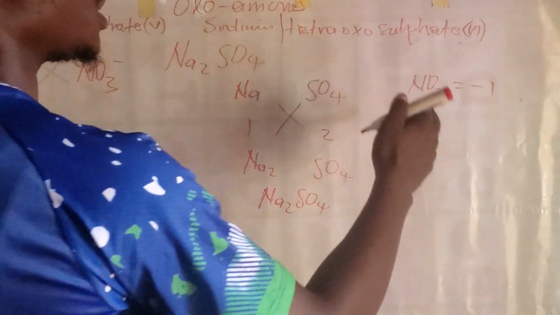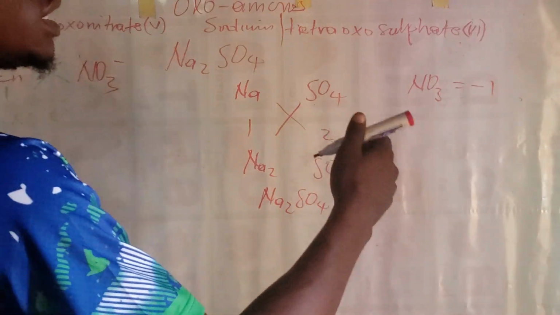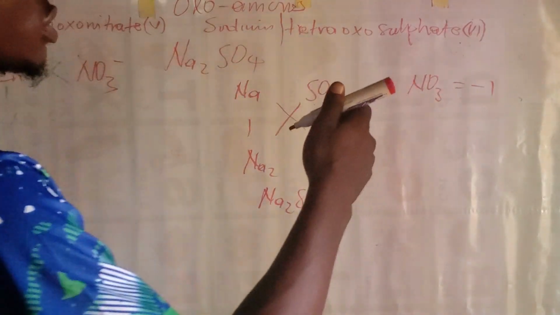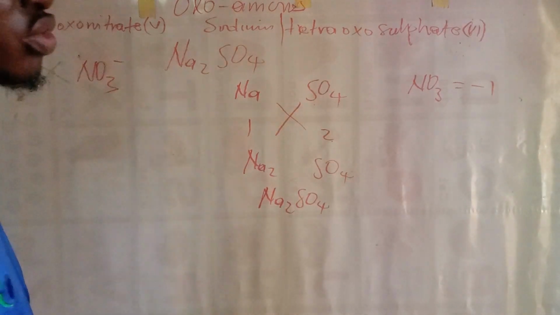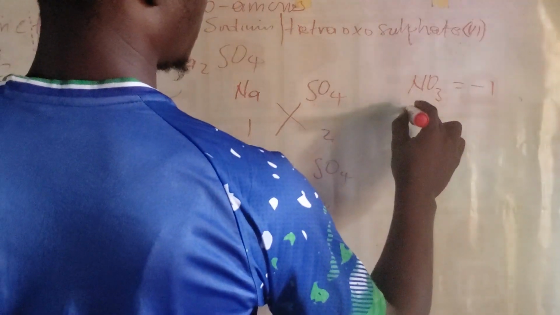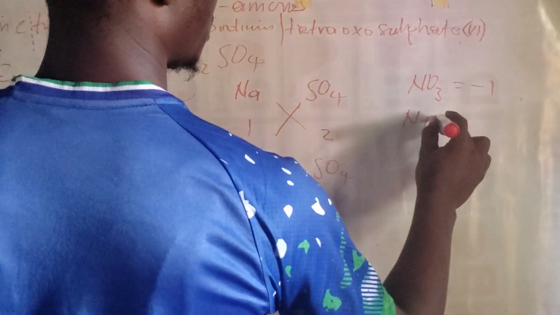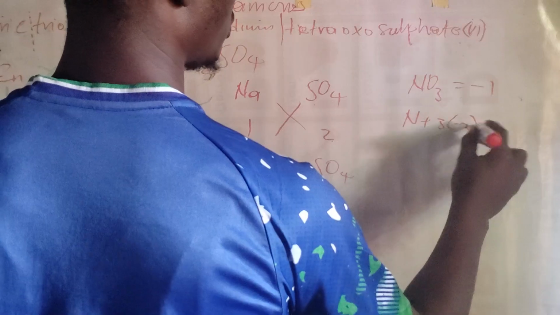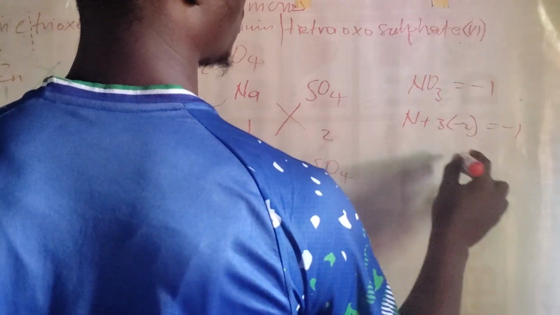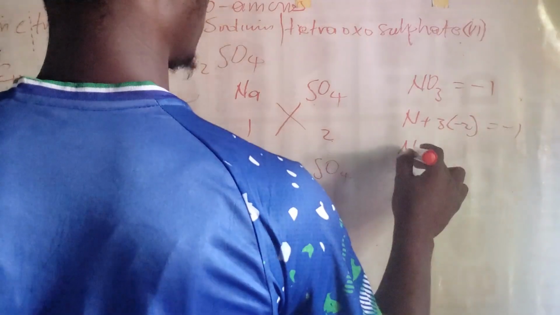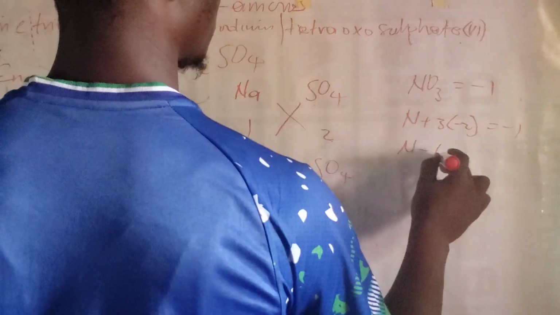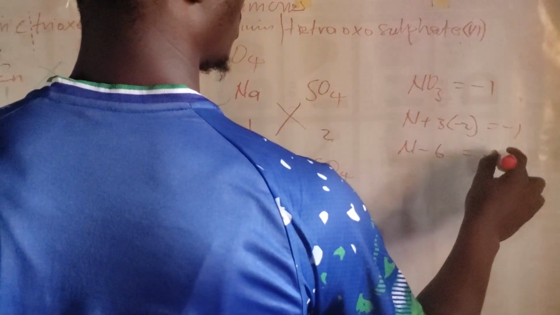When oxygen is combined with another element, the oxidation number for oxygen is -2. So you will have N plus 3 times -2 equal to -1. When you multiply this, you have N minus 6 equal to -1.